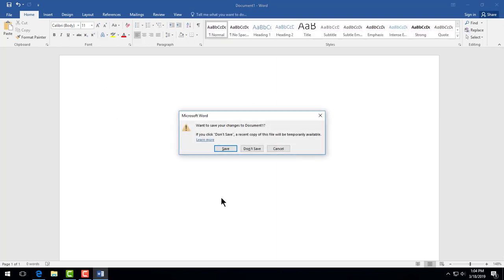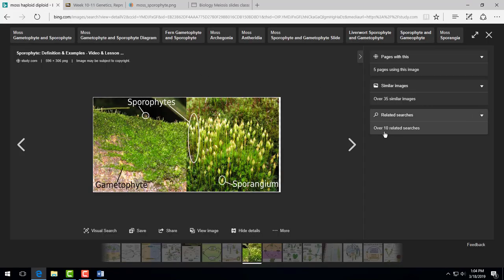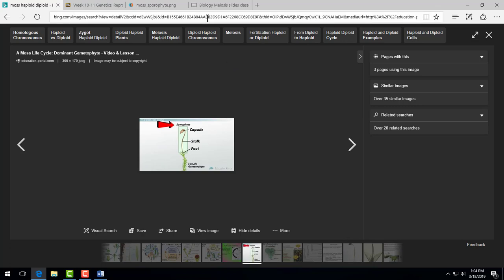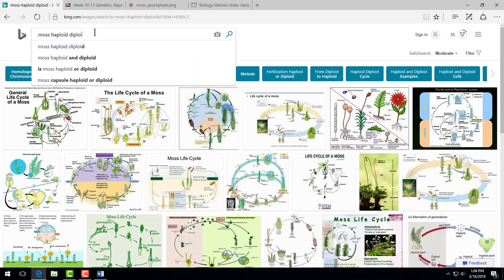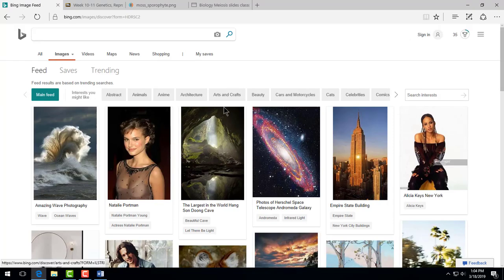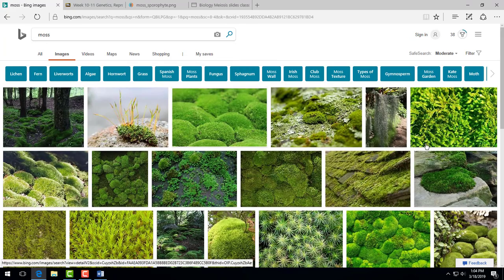But I probably could even just search a moss and find a better picture. I don't want a diagram of a moss. I want a true moss. Let's take this out of here. No idea what that has to do with a moss, but there we go.